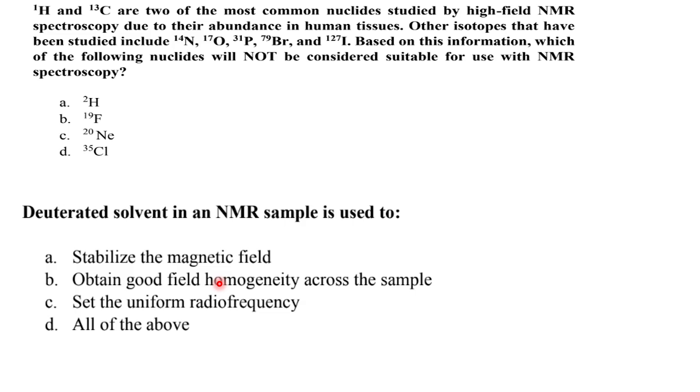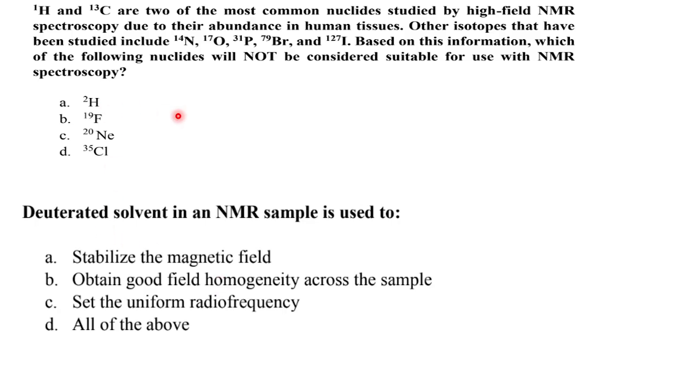Okay. So first question: 1H and 13C are two of the most common nuclides studied by high field NMR spectroscopy due to their abundance in human tissue. Other isotopes that have been studied include 14N, 17O, 31P, 79Br and iodine 127. Based on the information, which of the following nuclides will not be considered suitable for use with NMR spectroscopy?